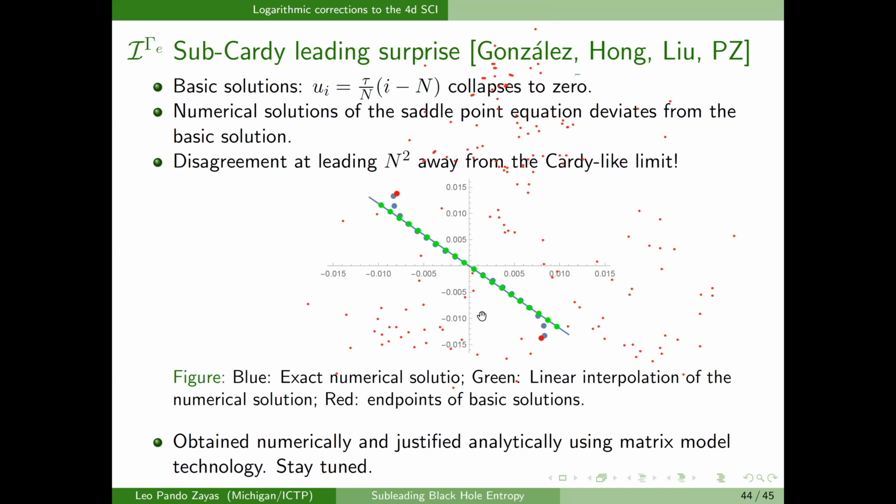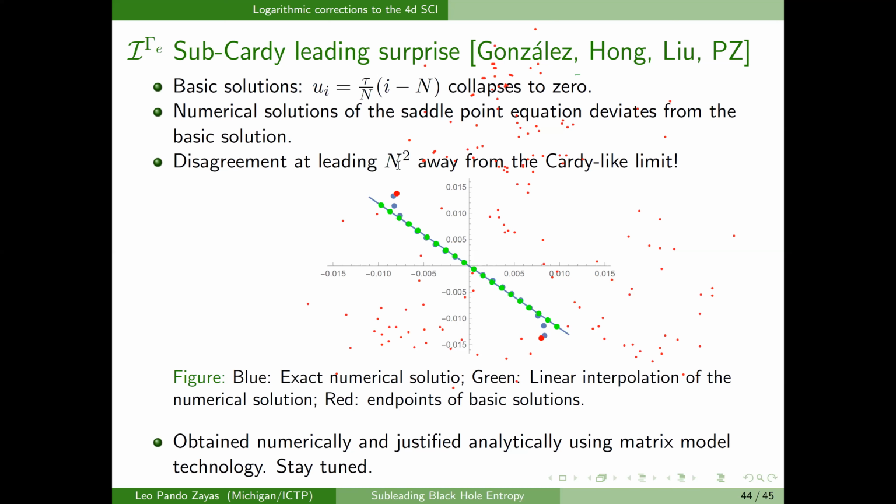To summarize, things might change, but right now, the presentation of the index that uses this gamma expression has corrections at the Cardy limit, and these are N-squared corrections. These are not subleading corrections. So now even the N-squared term is different when you start moving away from the Cardy limit.